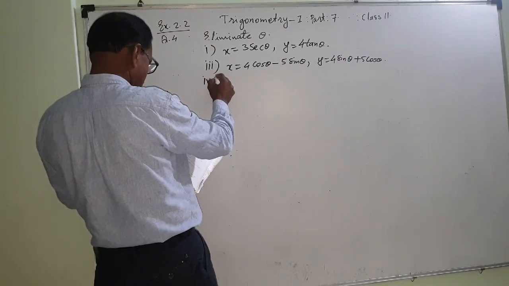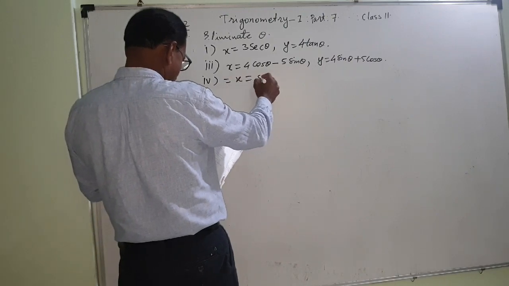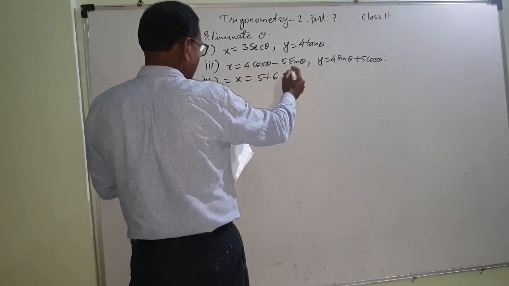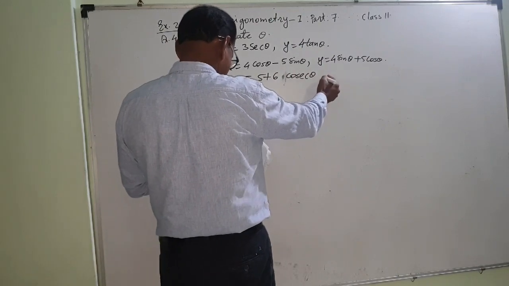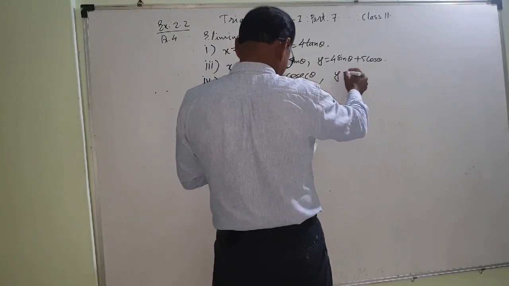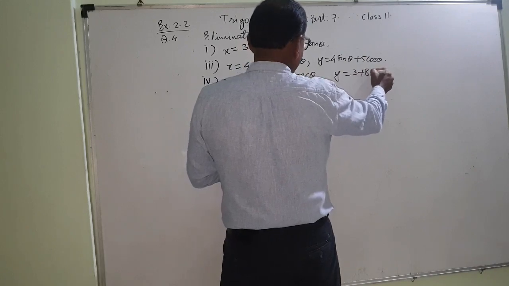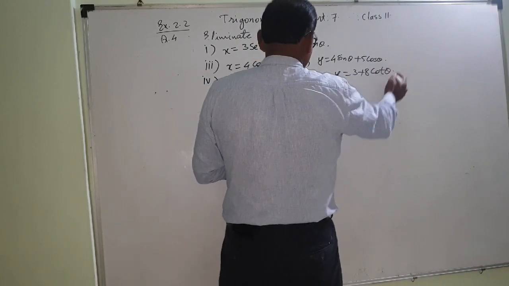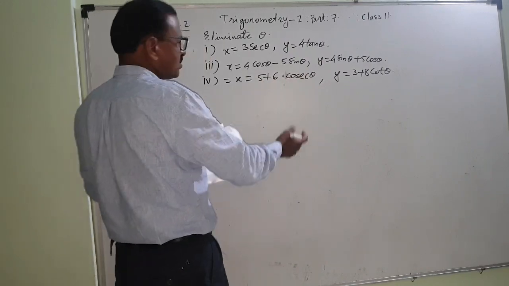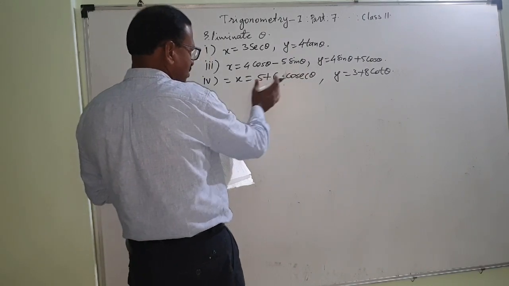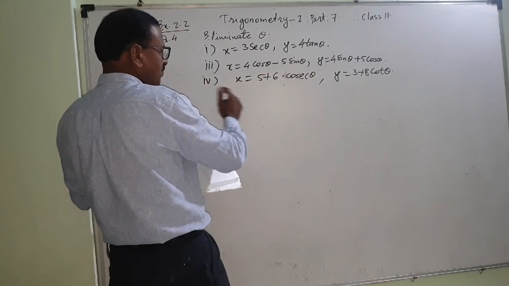Fourth one, x is equal to 5 plus 6 cosec theta and y is equal to 3 plus 8 cot theta. Here also you have to solve for cosec and cot. This was the fourth one.